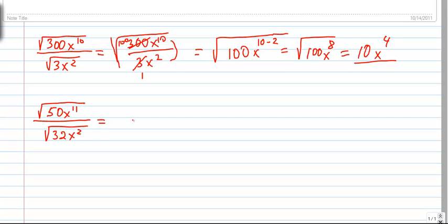The second example is a little bit more challenging, but the steps are the same.